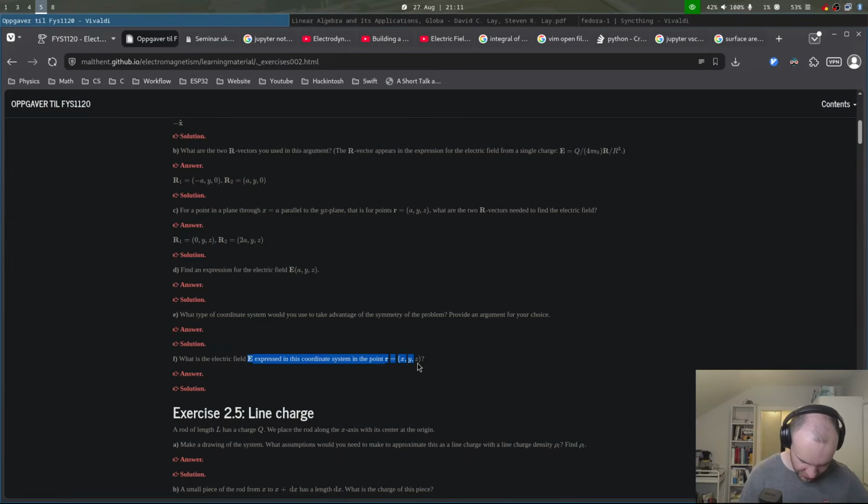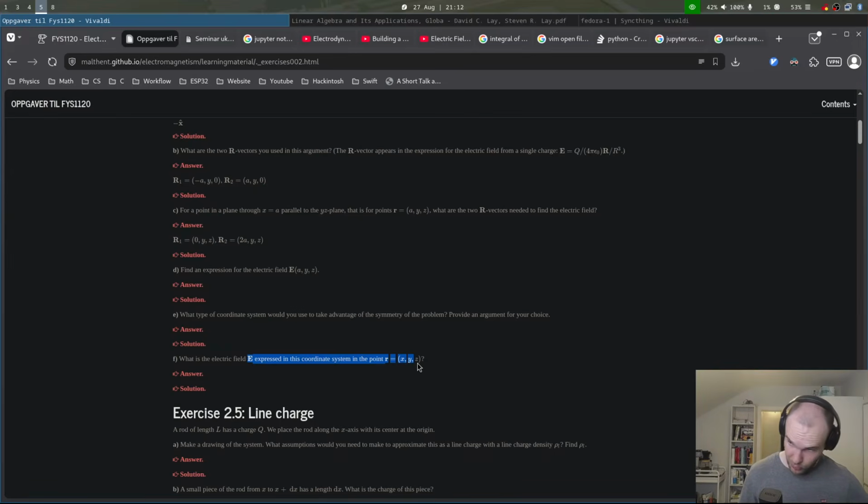Yeah, then we can just write what we had. So we have Q, and Q was the positive one for the first one. Then we have 4 pi epsilon 0. And now in the first coordinate we have x plus a, right? No, I mean x minus a. We can say x minus a, and that's, of course, just in the x hat direction.